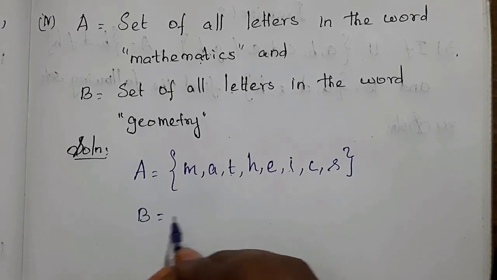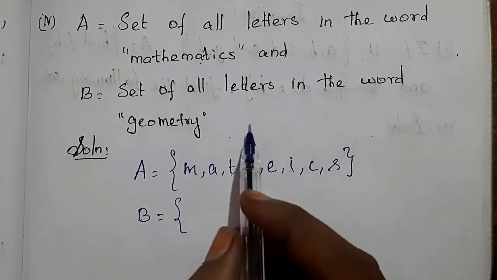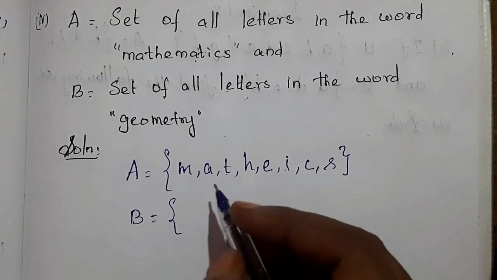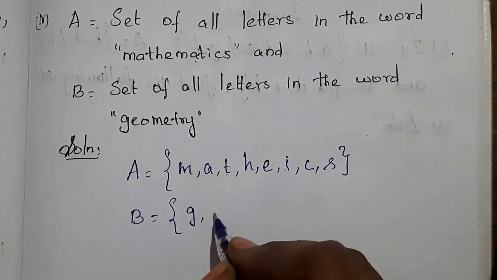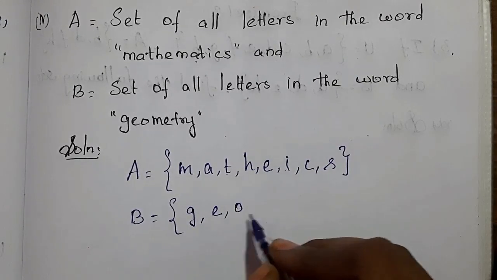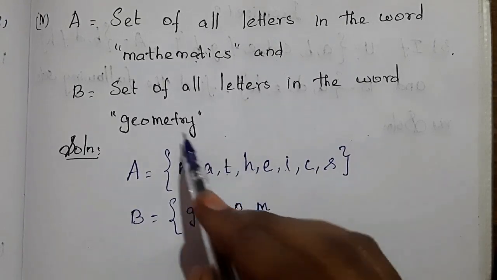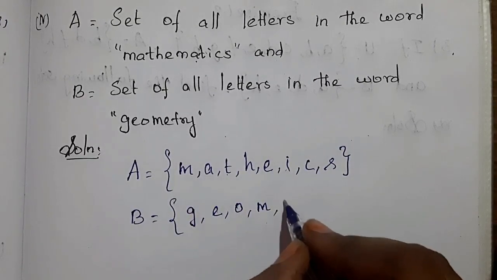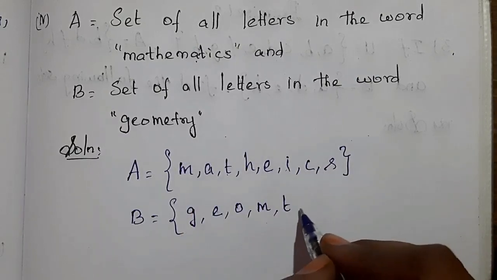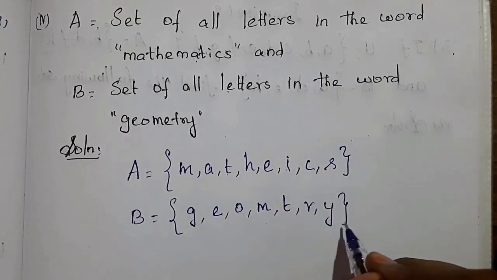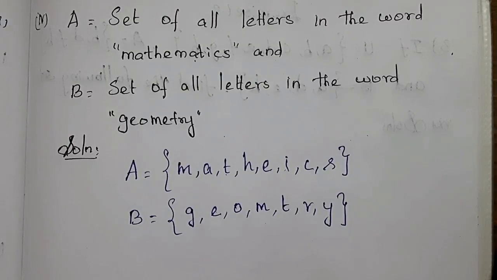Next we can write B equal to the set of all letters in the word geometry. So G, E, O, M, already E written, T, R, Y. Okay. So now you have two sets.